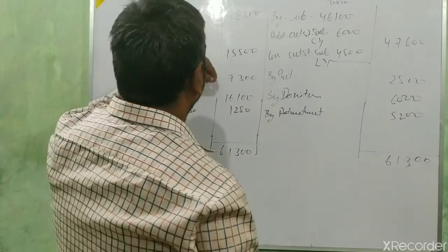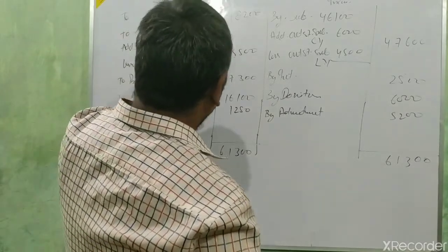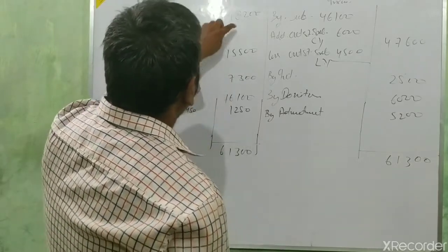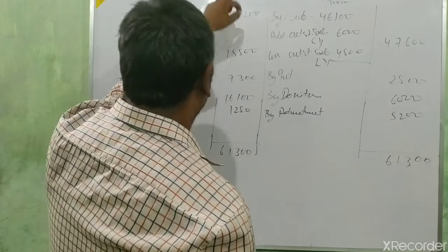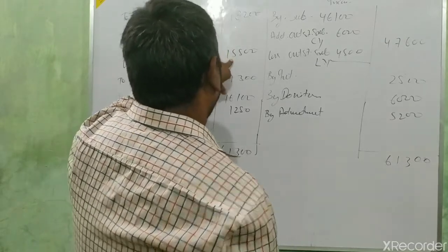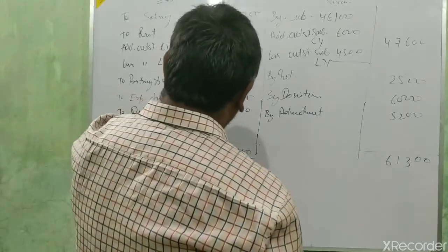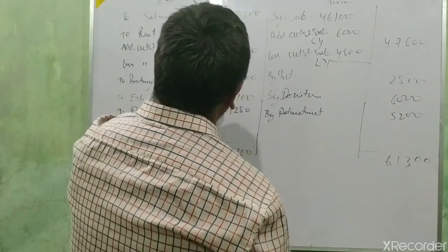Total of this: 10, 20, 30, 38,000, 38 and 5, 43,000, 50,000, 56,000.